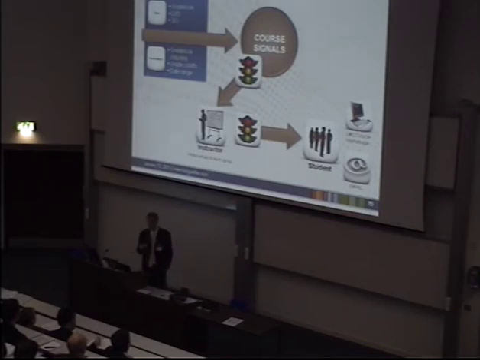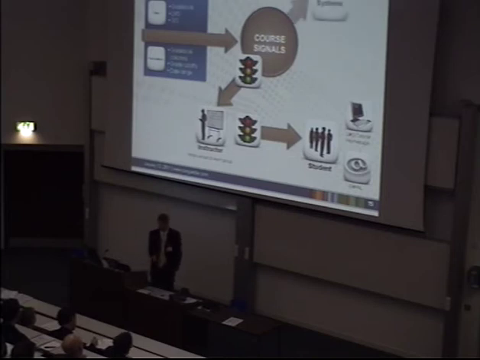So something can actually be done about a red or a yellow early enough in the course. And we'll continue to improve this in terms of its connectivity to other systems and data as it goes along.